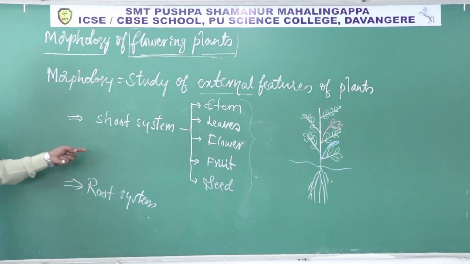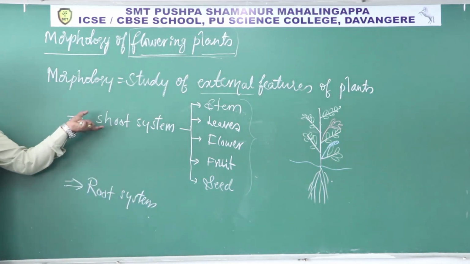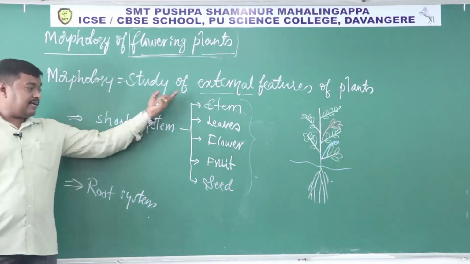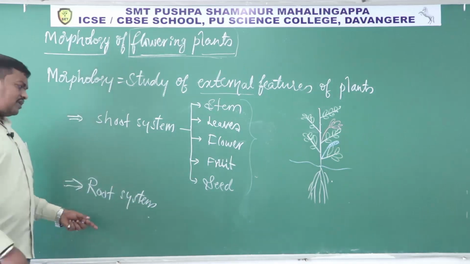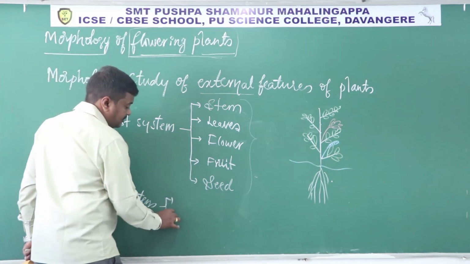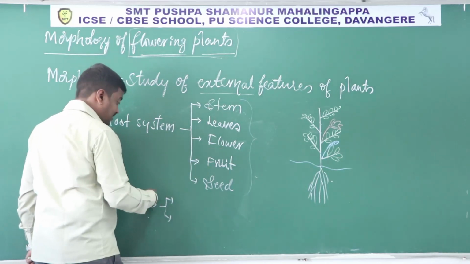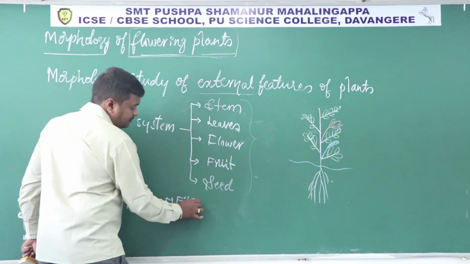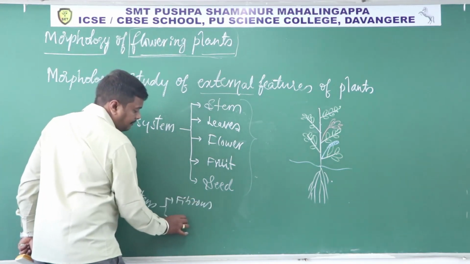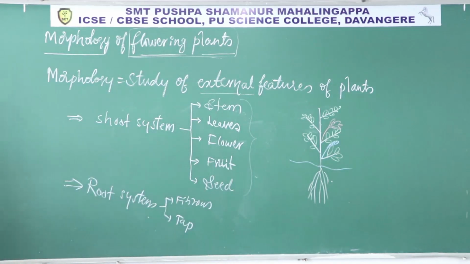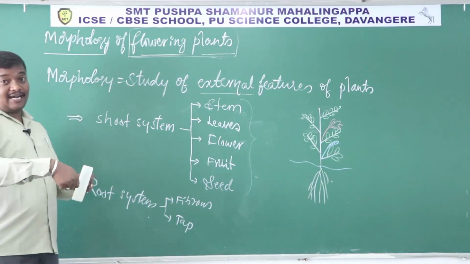These are the basic morphological characters you can observe in plants. Again, these characters have different structures. In the root system, based on the type, it is either a fibrous root system or a tap root system, which we can discuss later.